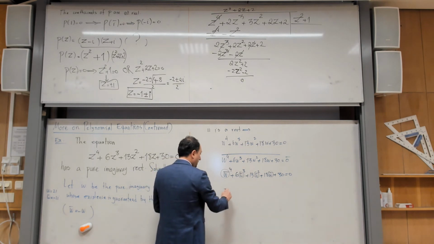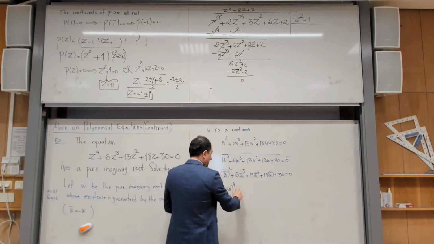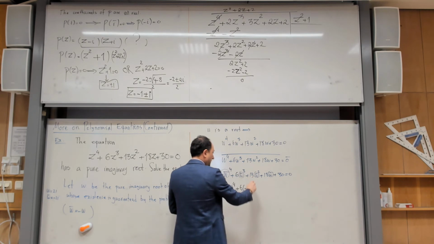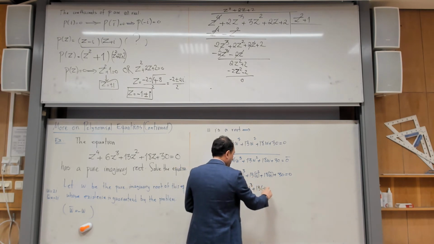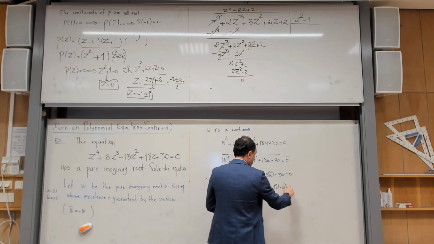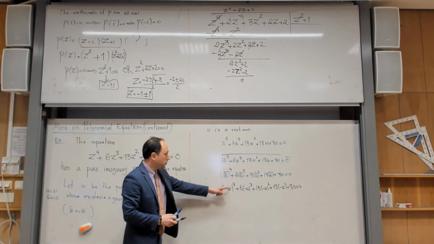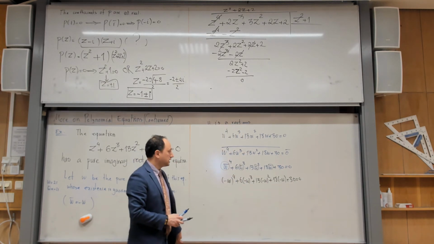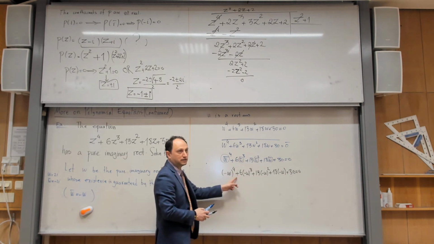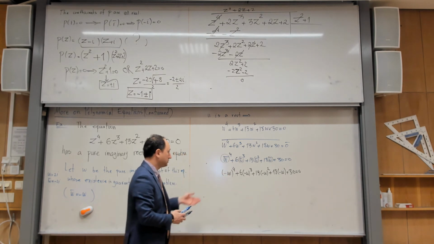So this becomes minus W to the power 4, plus 6 times minus W to the power 3, plus 13 times minus W to the power 2, plus 18 times minus W, plus 30 equals 0. Then this one goes to power 4, so I can get rid of the minus sign, but the next one becomes negative. That was the way I thought up to here, and I'm hoping I could do the rest.